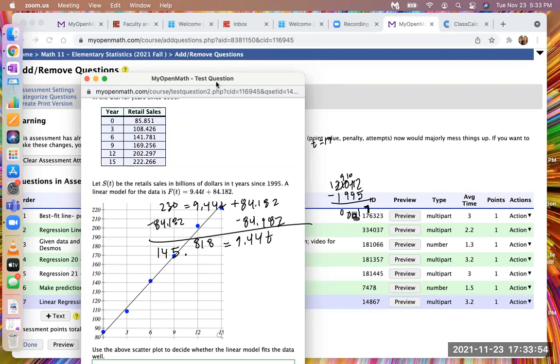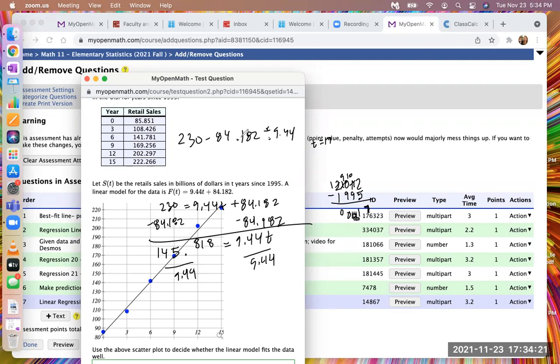So that's what I was doing before. Like I entered in my calculator 230 minus 84.182, and then I did this next step, divide by 9.44 on both sides. So I told the calculator, divide by 9.44. Well, the calculator did order of operations, and it did 84 divided by 9.4, and then took 230 and subtracted that answer from it.